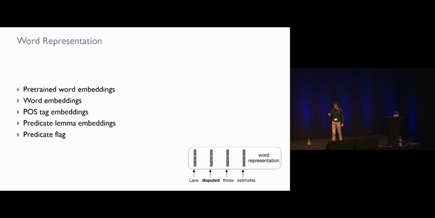For the word representation, we represent each word as a pre-trained word embedding, like ELMo or word2vec, concatenated with a randomly initialized word embedding, a POS embedding, the embedding of the lemma of each predicate, and finally a predicate flag that just says whether the word taken into consideration is the predicate or not.